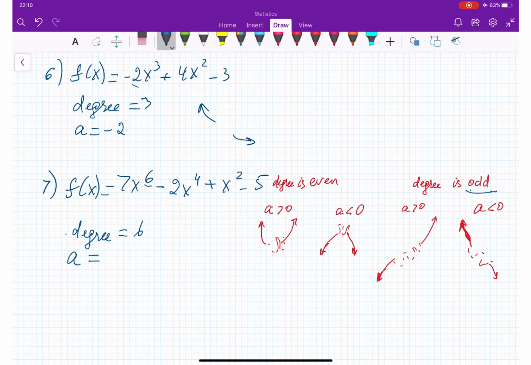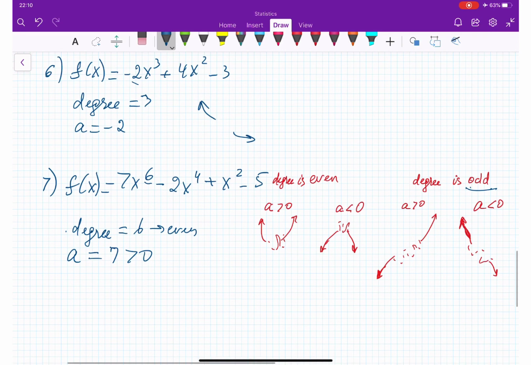And coefficient is 7, right here. So what does that mean? So degree is even. And a is greater than 0. So a is greater than 0 and degree even, so we have this case, right?